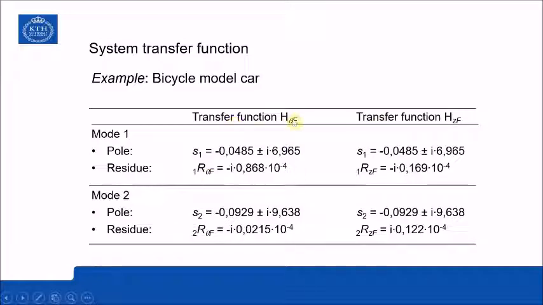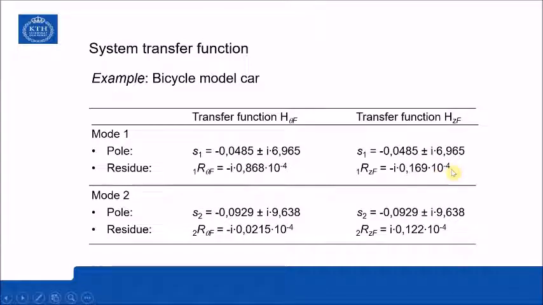And the residue corresponding to the pole 1 for the system transfer function coupling the exciting force with the rotational degree of freedom is this. And the corresponding residue for the other transfer function, corresponding to the exciting force and the translational degree of freedom, is this.